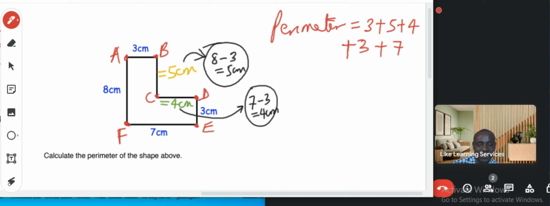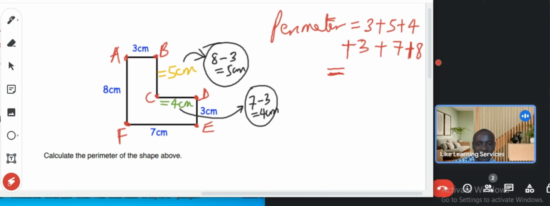After 7, any other one? 8 centimeters. After 8, any other one? After 8 there is none left. So after 8 you have all.